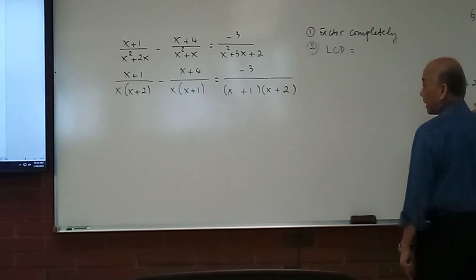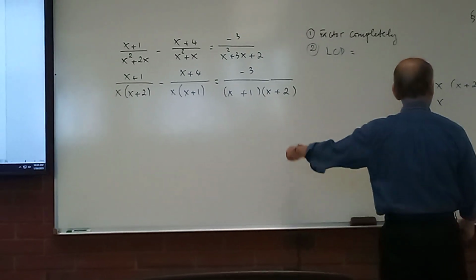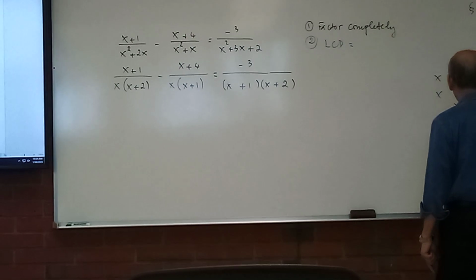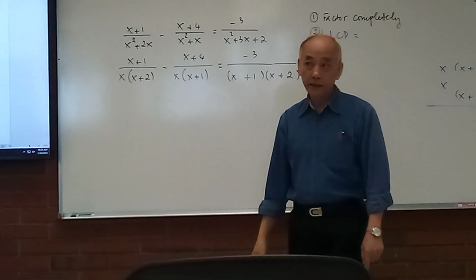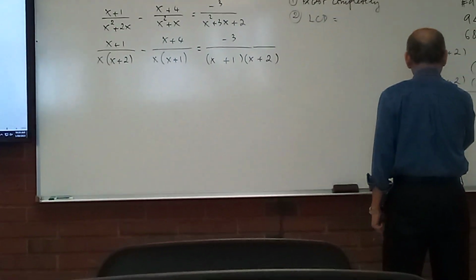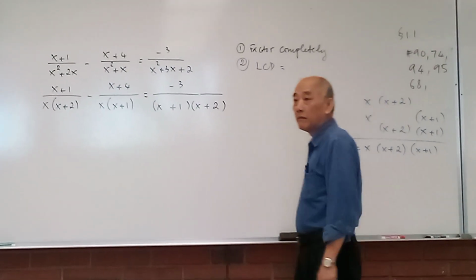Now x plus 1 will be the new column, x plus 1. And x plus 1. And x plus 2. If they have the same, you just write it under the same column. And now the LCD is x plus 2, x plus 1. That's the LCD. You got this LCD?